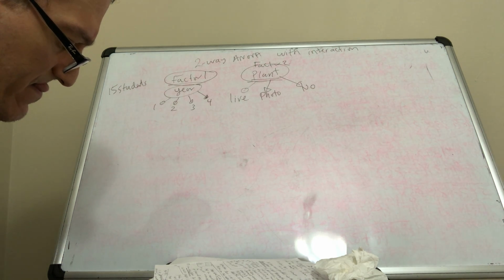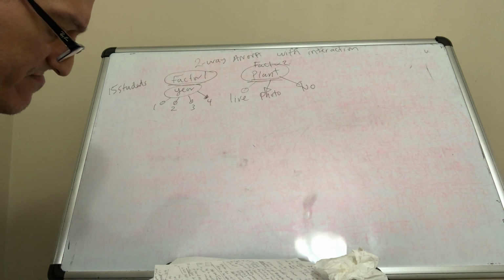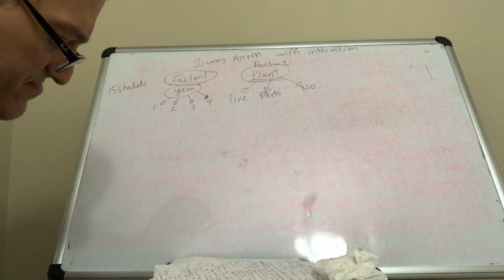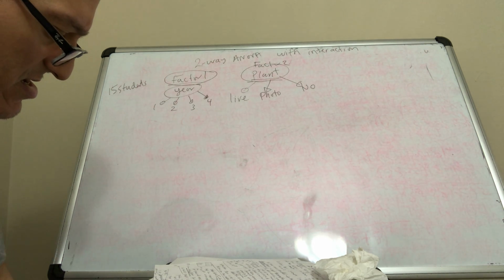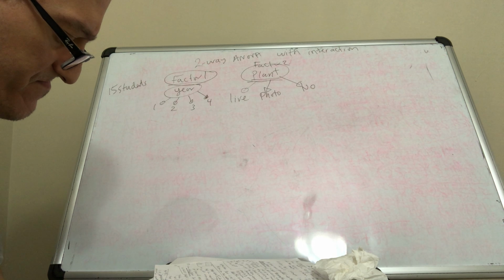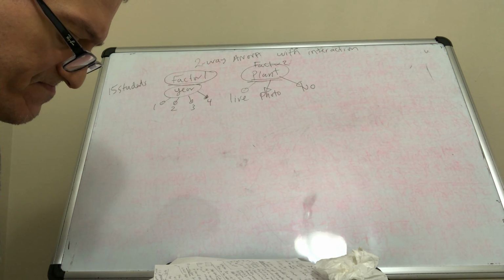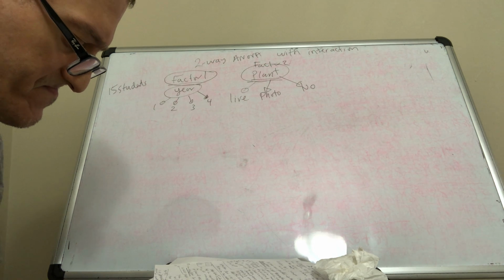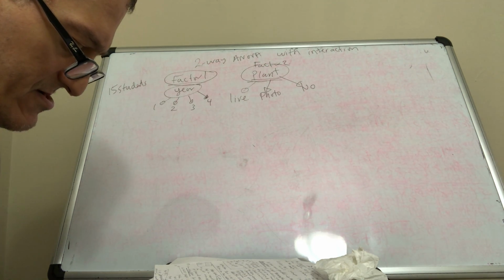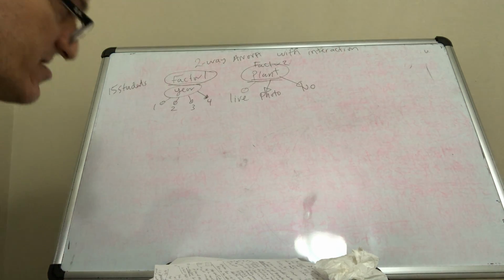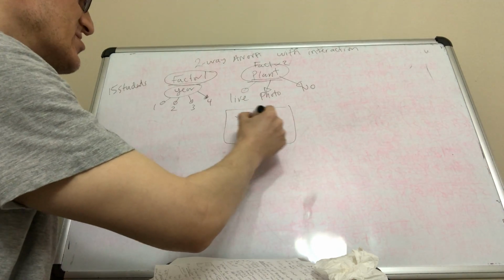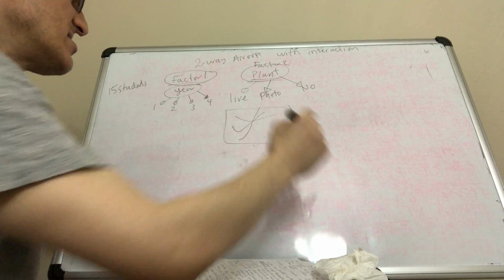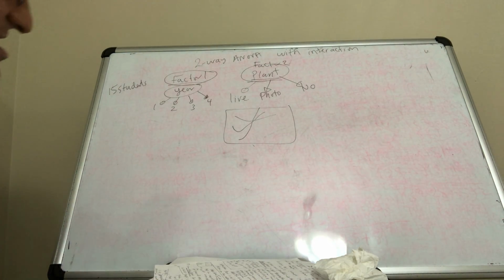Now, they showed a picture with lines in it for each level, and they want to talk about the interaction.